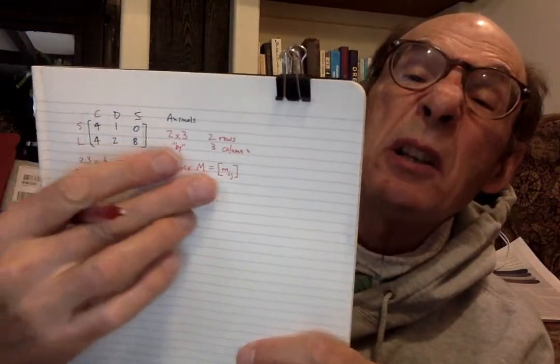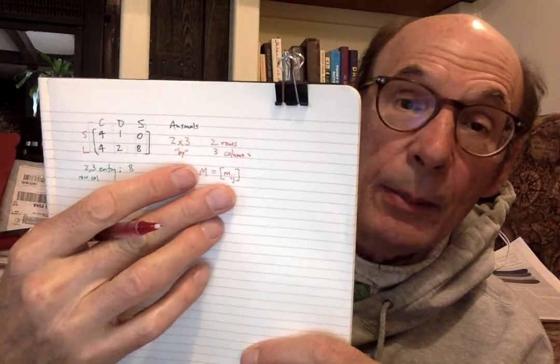So if you call the matrix, let's pick a good symbol for the matrix, M, then usually we use a big letter for matrices and a little letter for the entries. So if I have some matrix capital M, the entries are little m sub ij, and i is the row, j is the column.